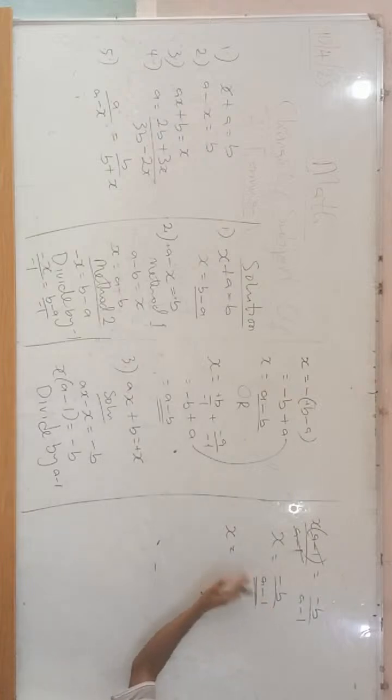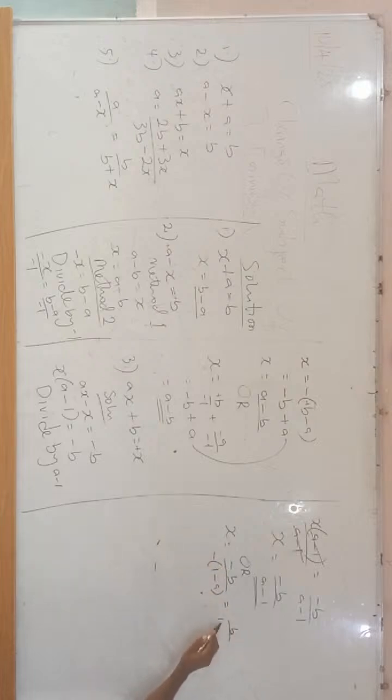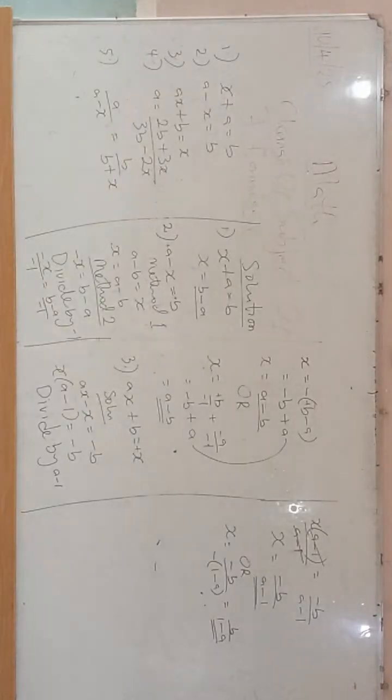This is the answer, but you can as well expand it to minus b over minus 1 minus b. The minus cancels out, right? And that is b over 1 minus a. Take note of the statement I made: b minus a is equals minus a minus b.